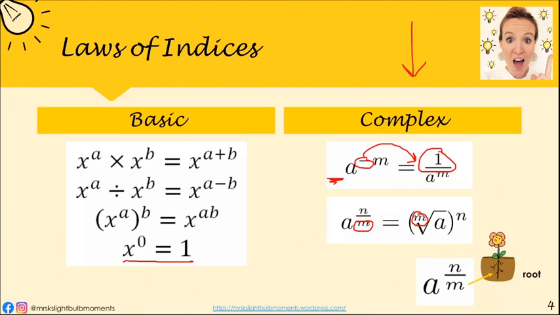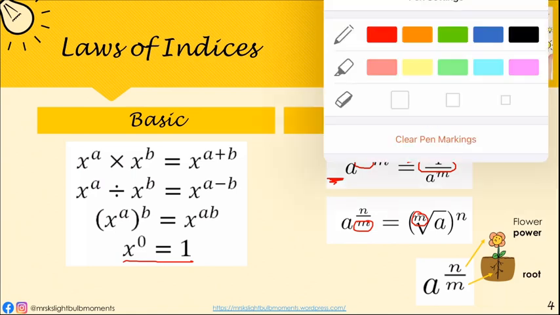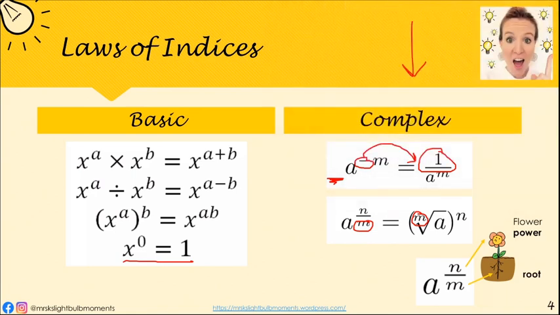Then we've got the numerator on the top of our fraction, which is like the top of the flower. I say flower power, and that tells us the power we then do it to. So the numerator is n, and it's to the power of n. After you've done your root, if the n was a 2, you would then square your answer.